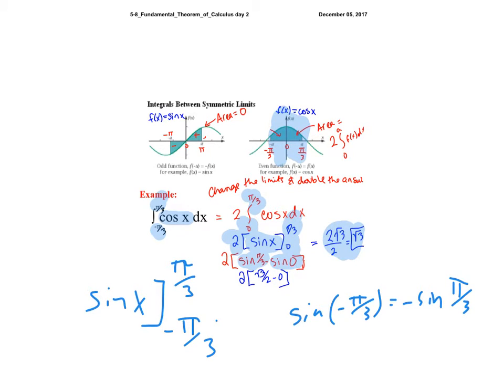So if you were to actually put this in practice, you would have put sine of pi over 3 minus negative sine of pi over 3, which would have given you 2 times sine of pi over 3. They could have just left it the way it is. I really don't understand why they decided to go from 0 to pi over 3 if it could have easily gone from -pi over 3 to pi over 3.